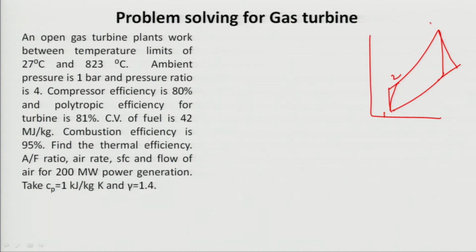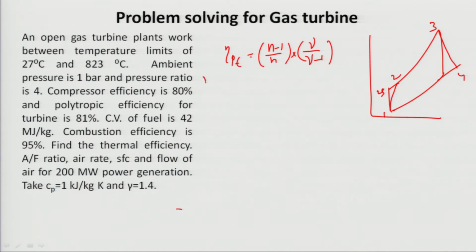1, 2, 3, 4, 2s. So what values have we found out? Now, we have to find out the value of n from the polytropic efficiency for the turbine. Its expression is given, if you remember: the polytropic efficiency equals n minus 1 over n into gamma over gamma minus 1.